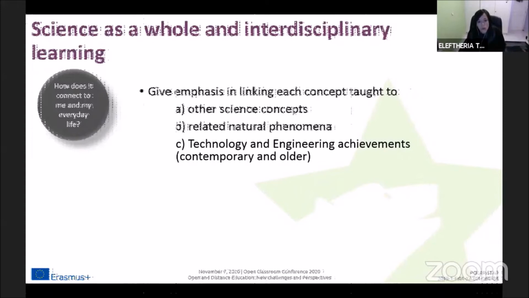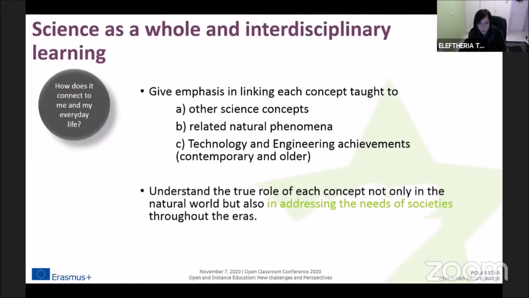So we want to link each concept to other concepts, natural phenomena, but also to technology and engineering achievements. And that will help our students understand the true role of each concept, not just when it comes to phenomena and the natural world, but also when it comes to addressing the needs of societies, not just contemporary societies, but also throughout the years.